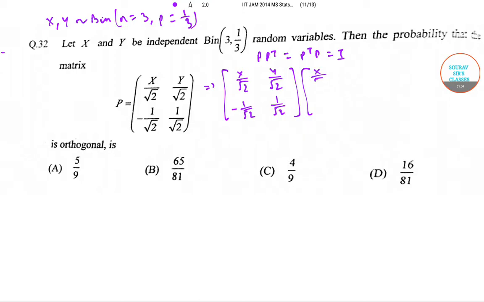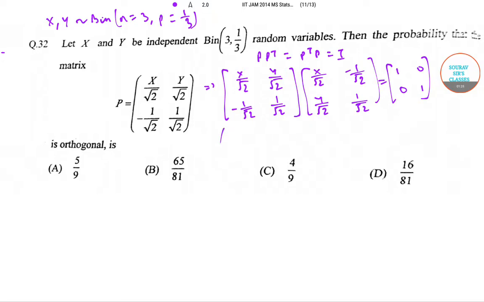So x by root 2 and y by root 2 come below x by root 2, again minus 1 by root 2, 1 by root 2, is equal to [[1, 0], [0, 1]].